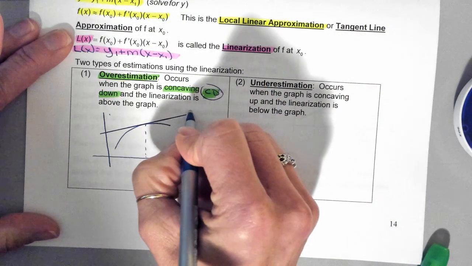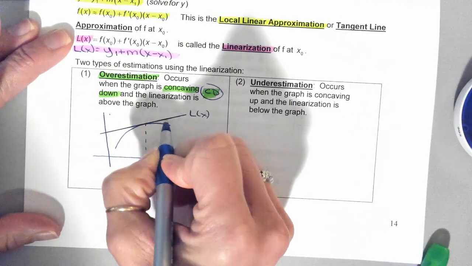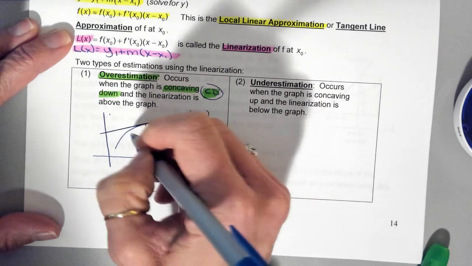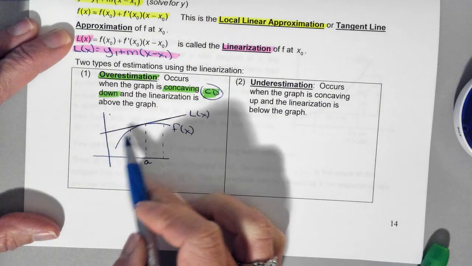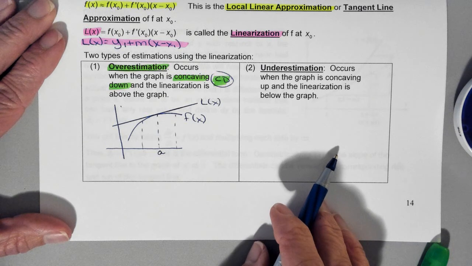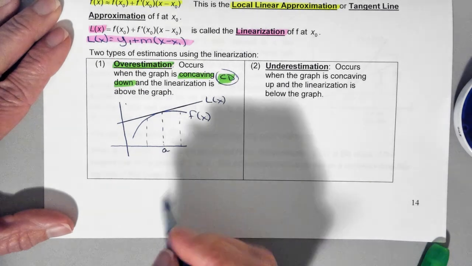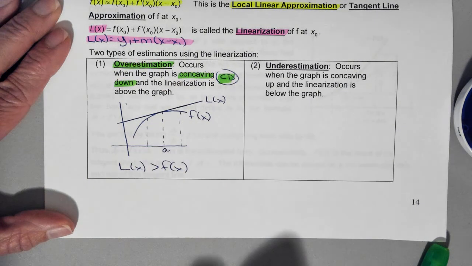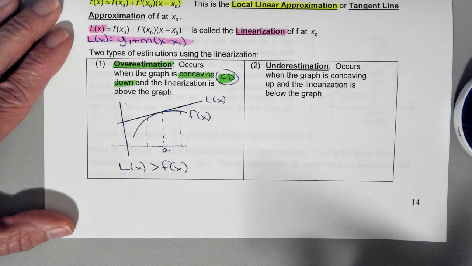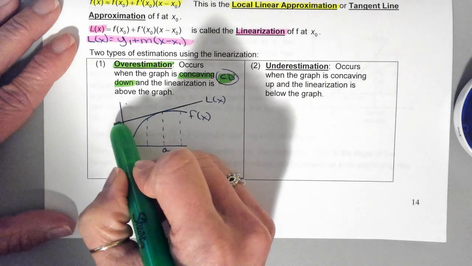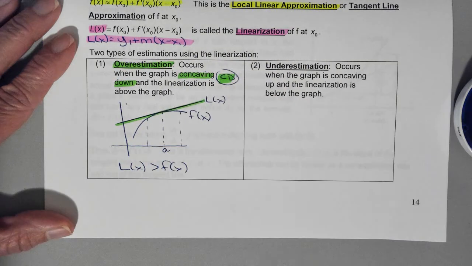So this is our linear approximation formula. This is f of x. Any value that we choose right here where the curve is concave down will always be below the linear approximation formula. Okay, so what we're saying is that L of x is greater than our original function. So the problem here is when we plug in the value that we're looking for, we're going to get numbers up here that are greater than our original function.